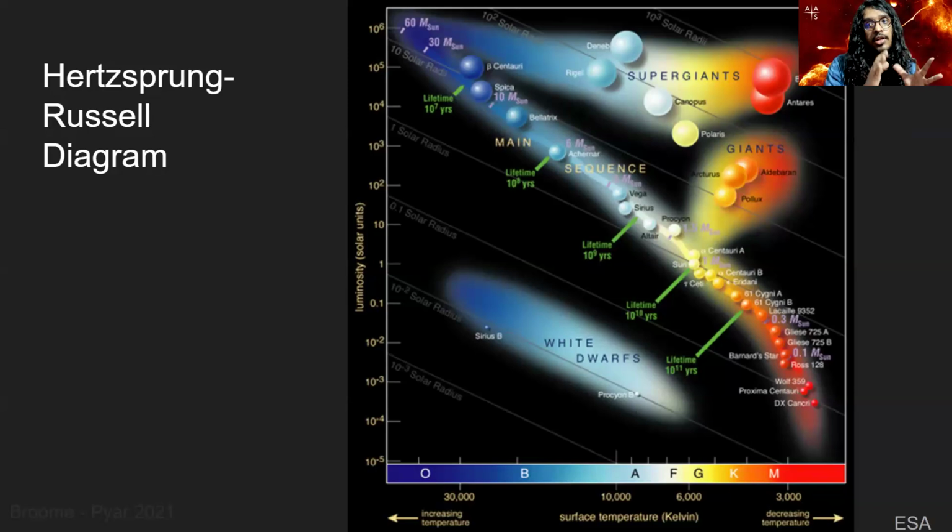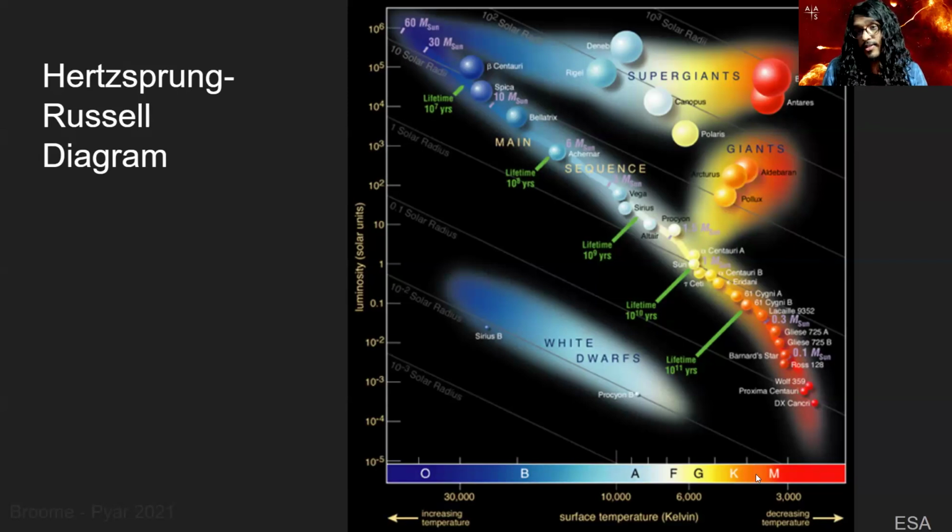And if you look at the y-axis, you'll see that it's a logarithmic axis. So it's not going 1, 2, 3, 4, 5. It's going 1, 10 to the power 1, 10 to the power 2, 10 to the power 3, and so on, because luminosity is measured in a logarithmic way.